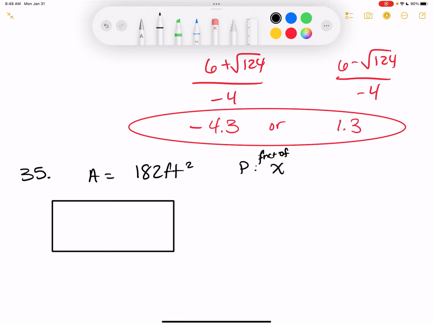So let's think about this for a second. What is the area of a rectangle? Area equals length times width. We are told that area is 182, so we're going to say 182 is equal to length times width.